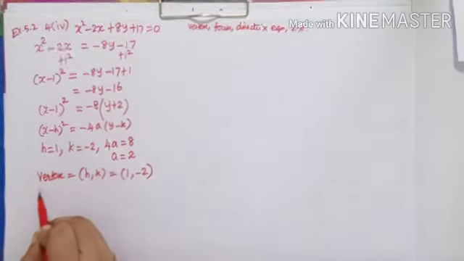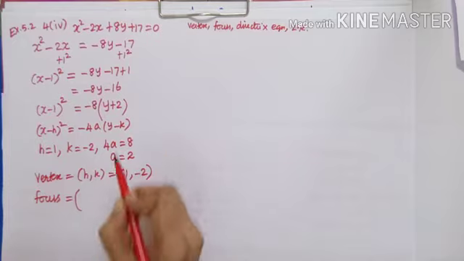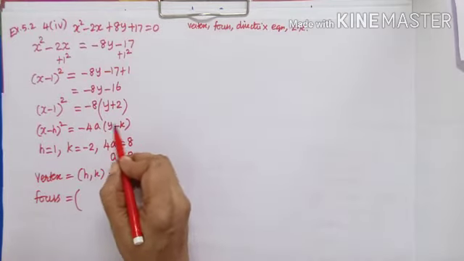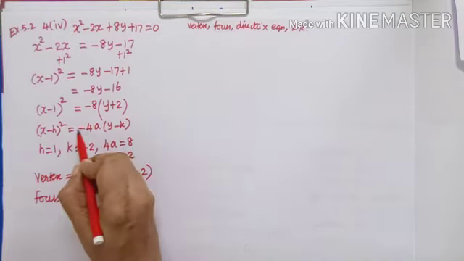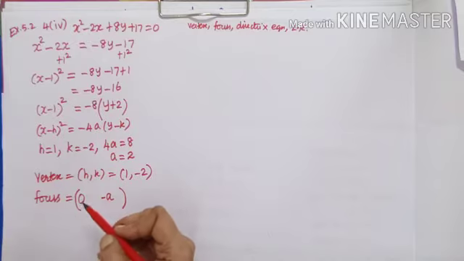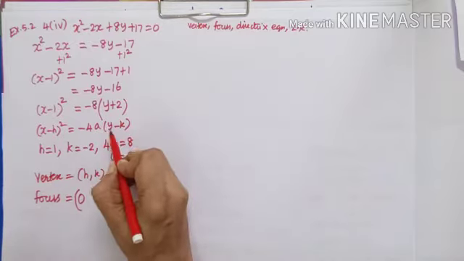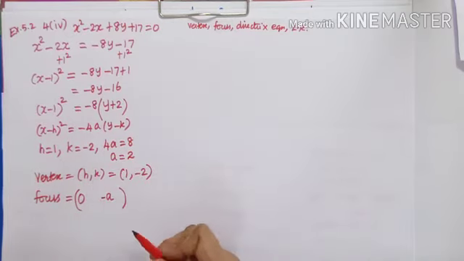The next step, focus. How to write the focus? See the RHS, I have the y term, so that only will be a, with the minus symbol. And the LHS will become 0 only. So focus tells me this coordinate, that is y. So y will become minus a and the other one is 0.